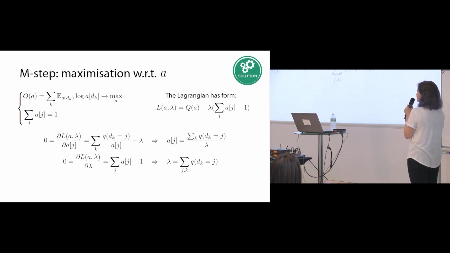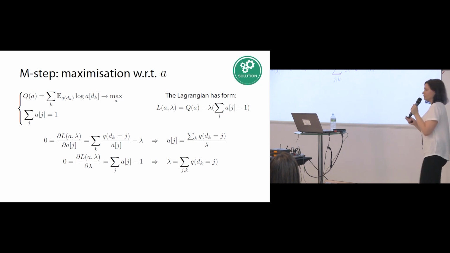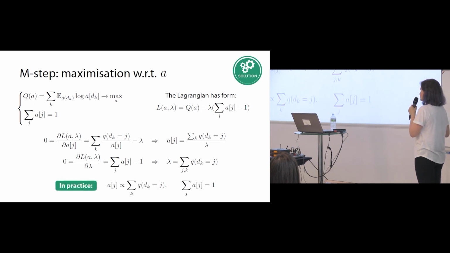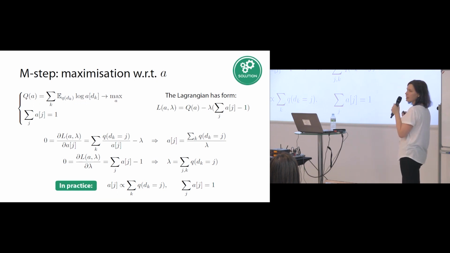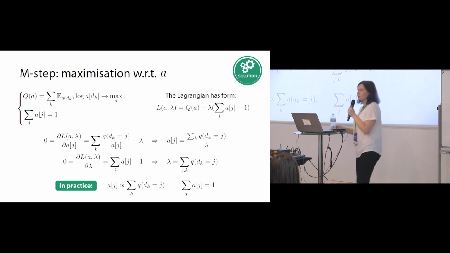So the answer is this one. A_j is equal to this fraction, where the denominator equals this value of lambda. In practice, it's the same thing as with our Q distribution. A is a categorical distribution, so we only need to compute the denominators and then we normalize. Okay, do you have any questions right now?